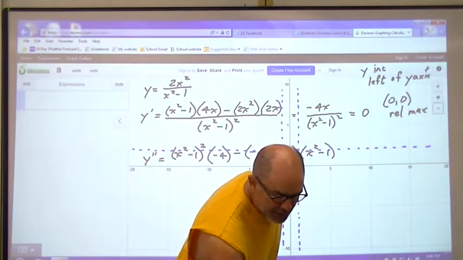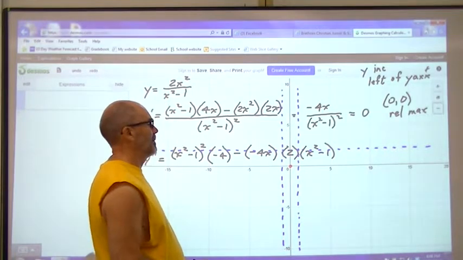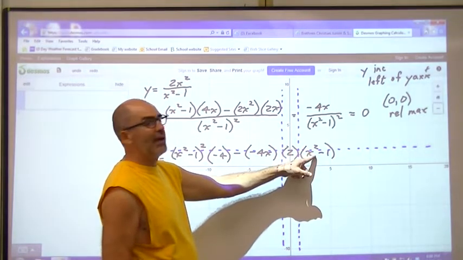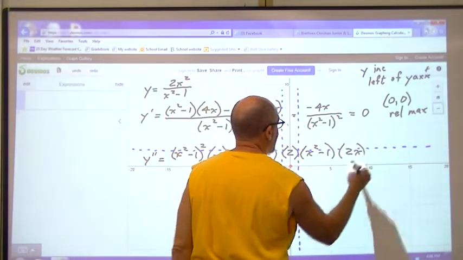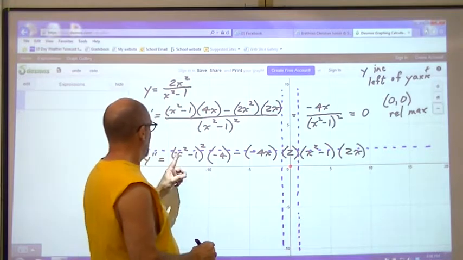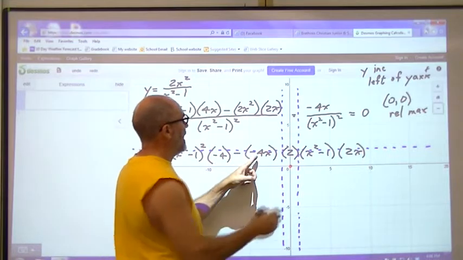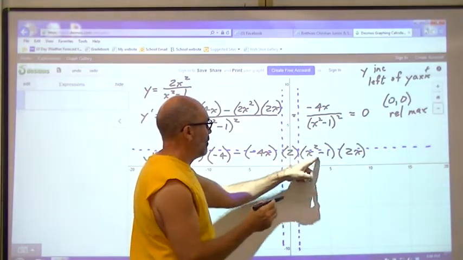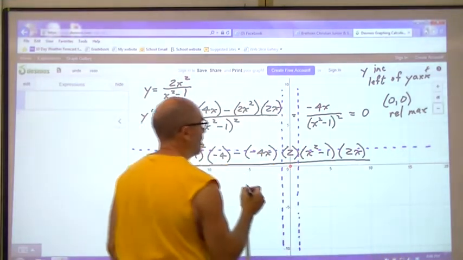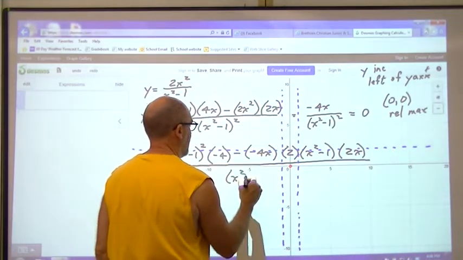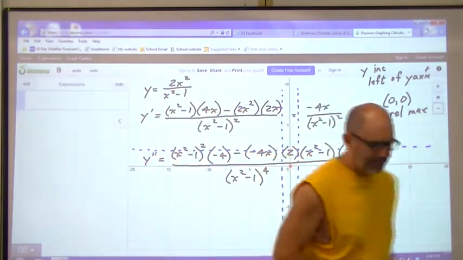And see, x squared minus 1 is a function, so we have to take the derivative of the inside, which is 2x. So, low d high minus high d low, square the bottom.